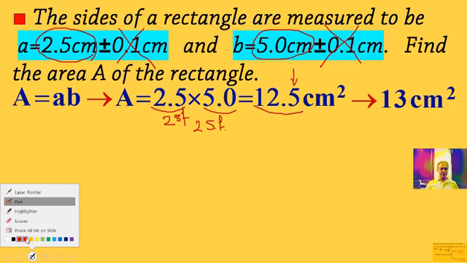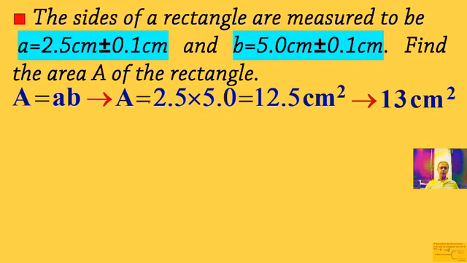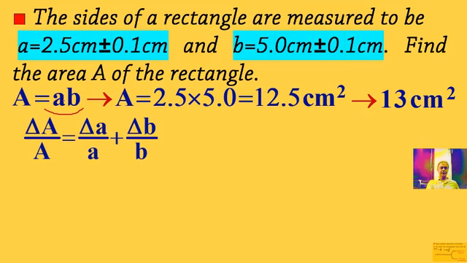For finding the uncertainty, as you know, the calculation contains multiplication. So I'm going to find the fractional uncertainty. How? Delta A over A equals delta a over a plus delta b over b. A at the denominator here is something that previously has been calculated. This is 13.